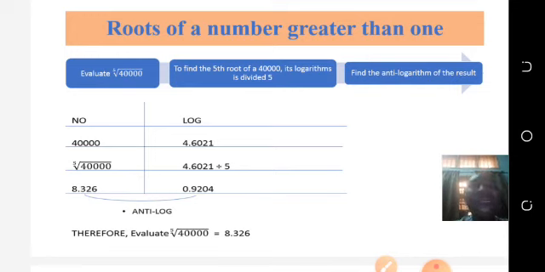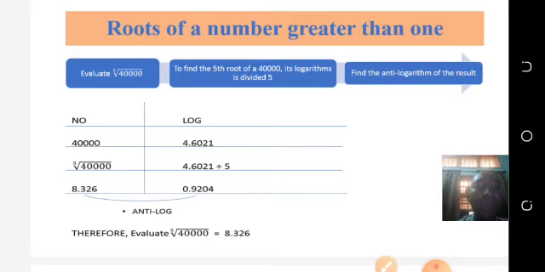So, what are we checking from the logarithm table? We are checking 40 under 0, and that from your logarithm table will give you 6021. When you put it at the back of the characteristic, the logarithm of 40,000 will give us 4.6021. Now, for the fifth root of 40,000, you are going to divide it by 5. 5 divided by 4 is 0.